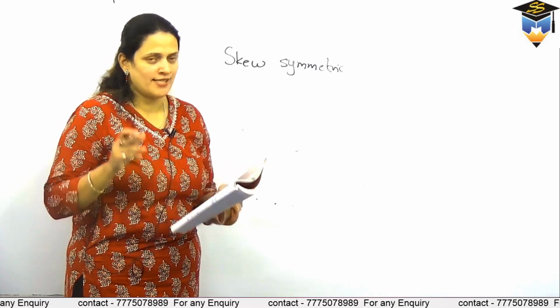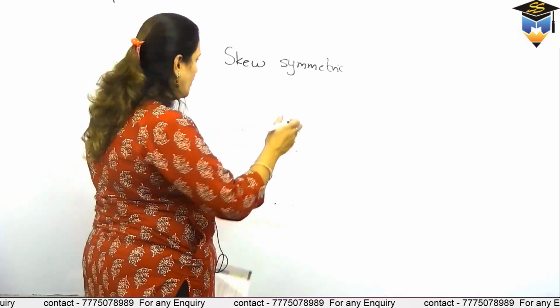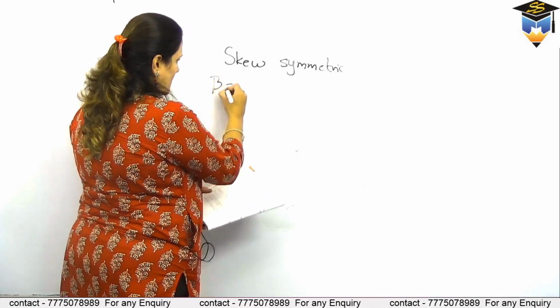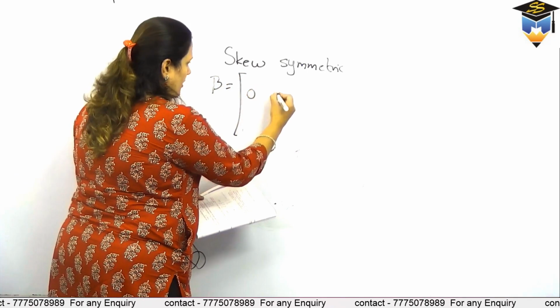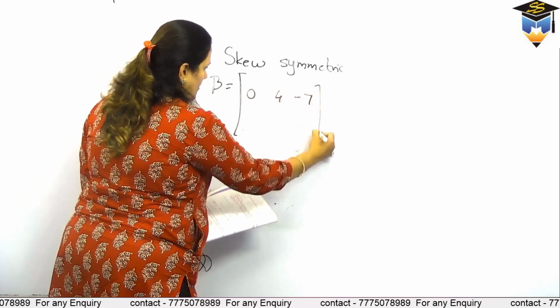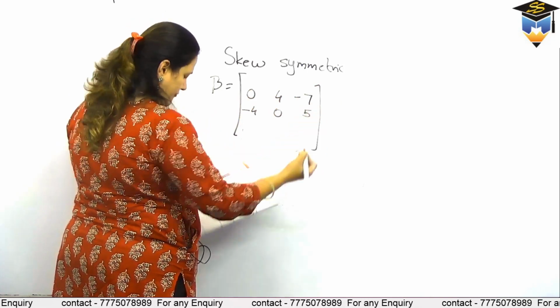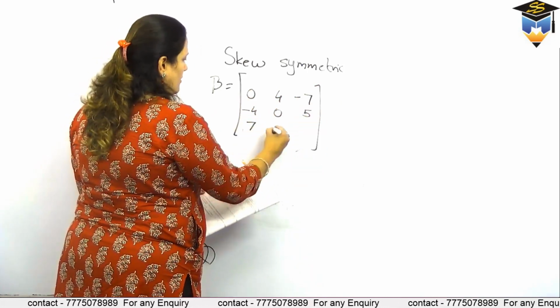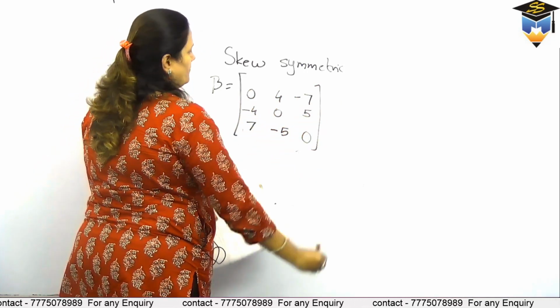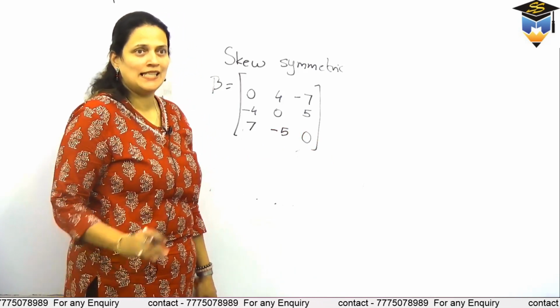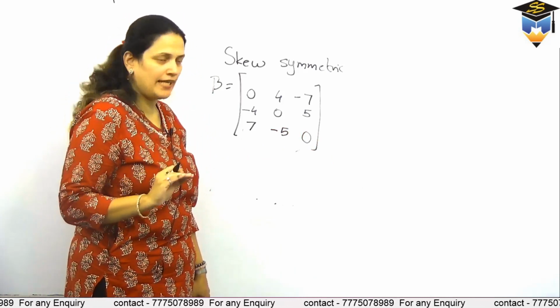So what is the first condition? Let's say there is a matrix B: 0, 4, minus 7, minus 4, 0, 5, 7, minus 5, 0.